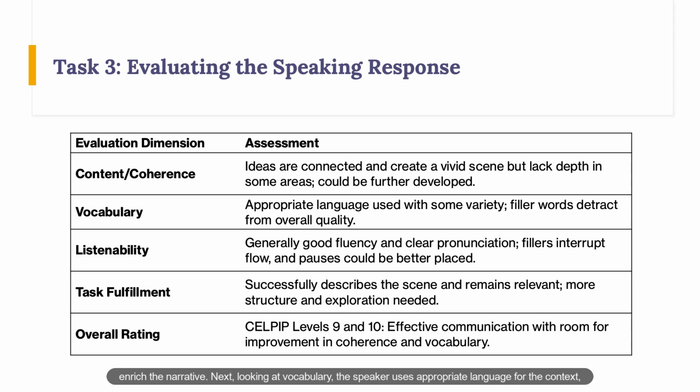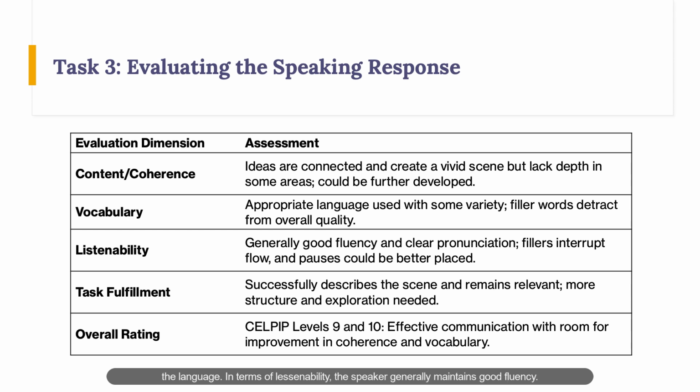Next, looking at vocabulary, the speaker uses appropriate language for the context. Phrases such as "lively scene" and "a bit concerning" indicate a reasonable range of vocabulary. However, the frequent use of filler words like "like" and "and" detracts from the overall quality and impact of the language.